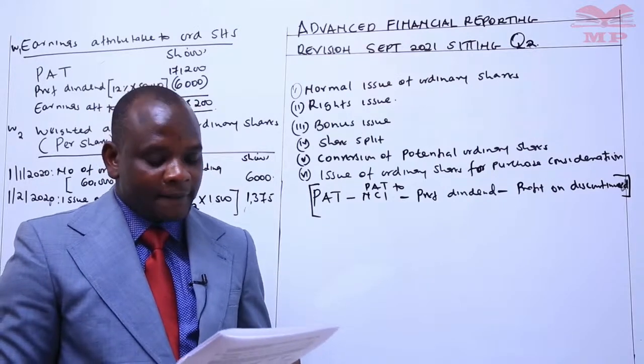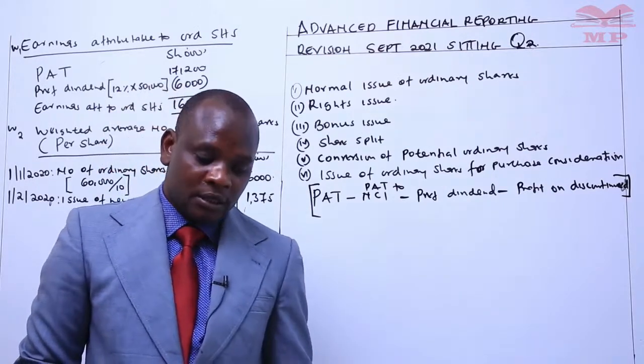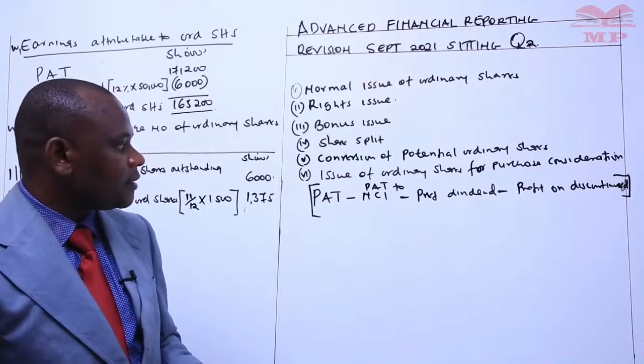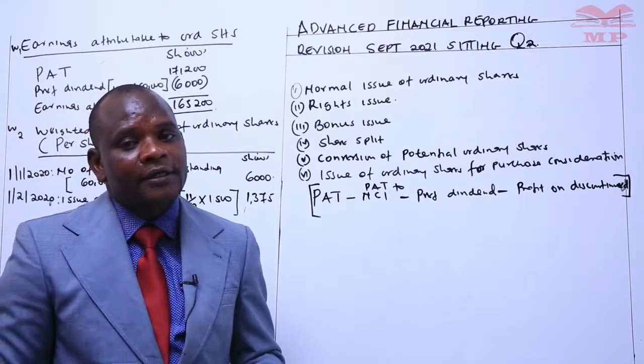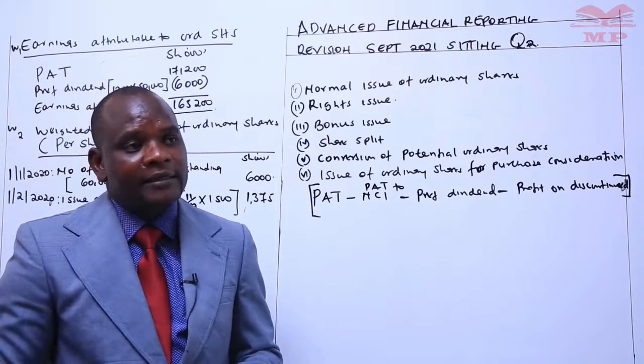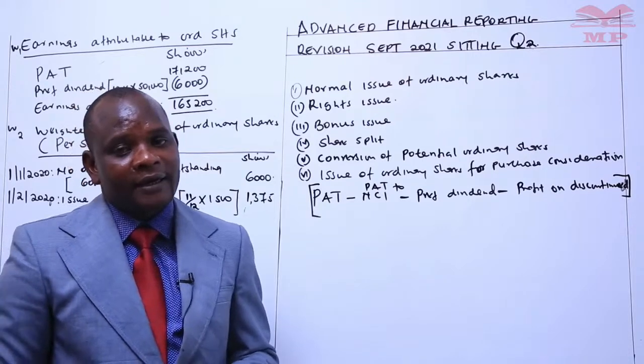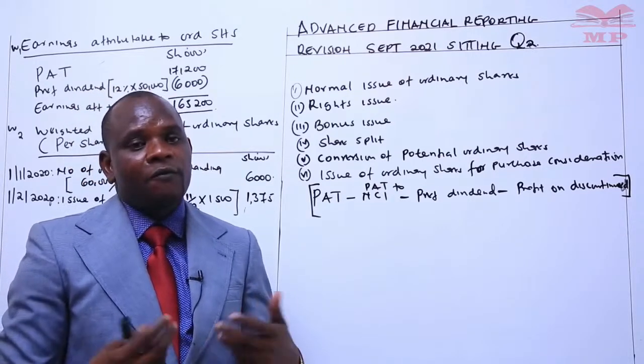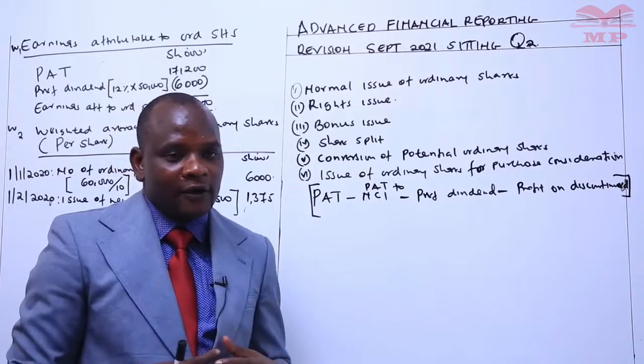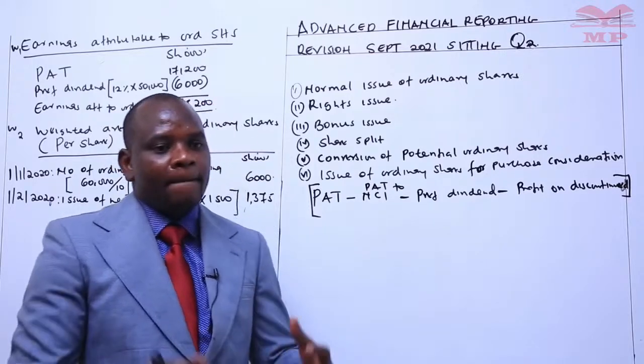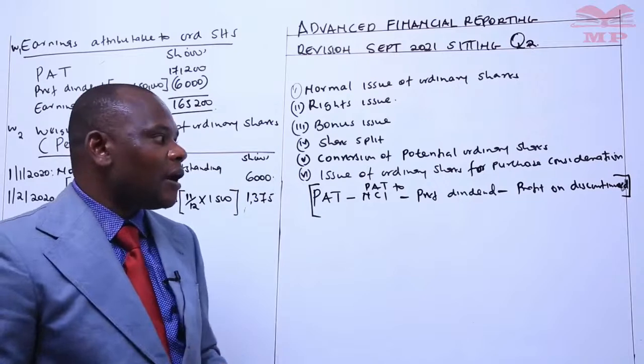What is a rights issue? It is an undertaking by a company to issue shares to the existing ordinary shareholders at a price below the existing market price, as a way of motivating them to take the risk of adding to or increasing their shareholdings.